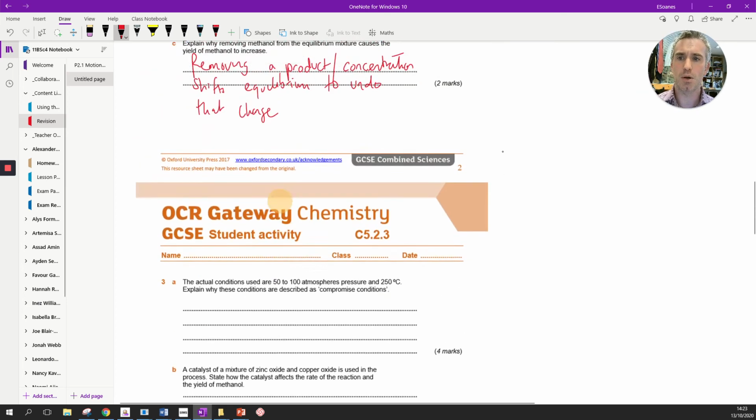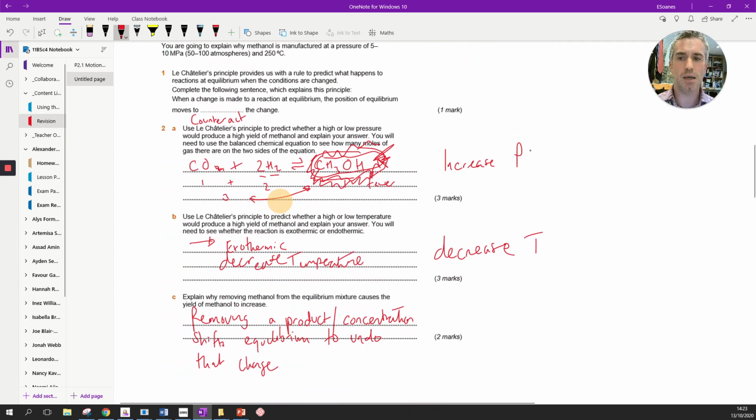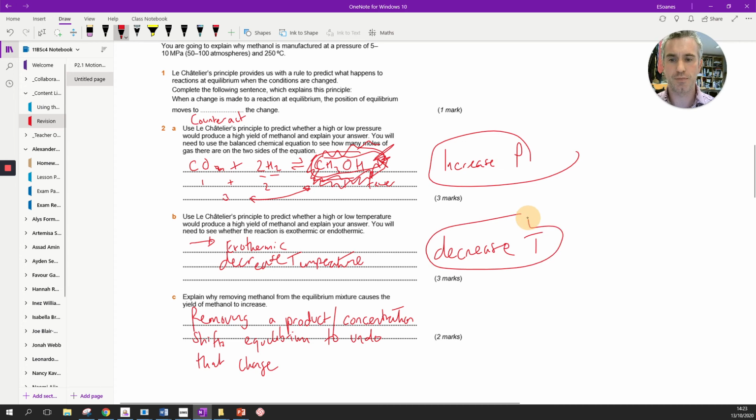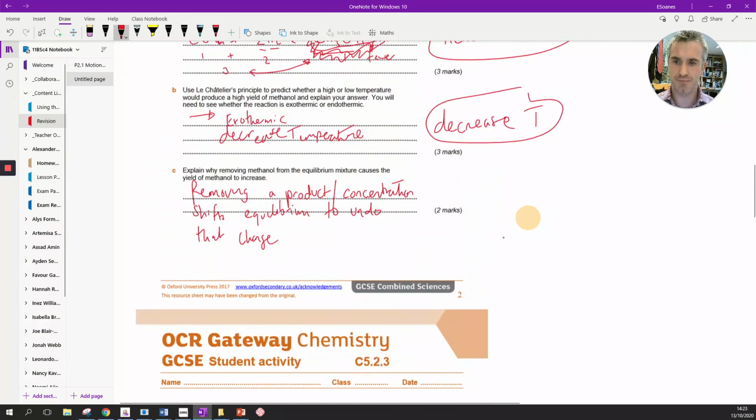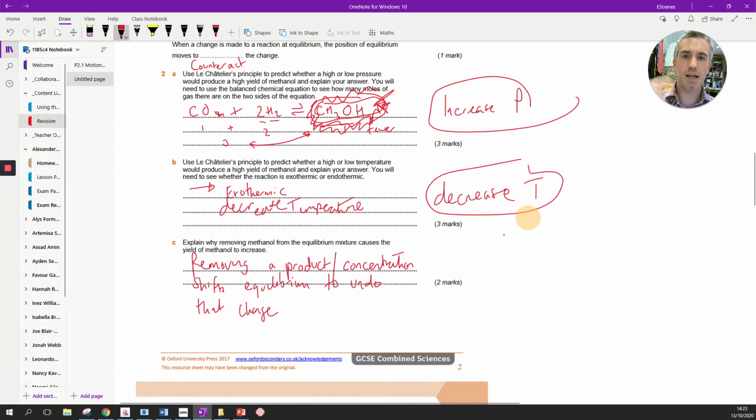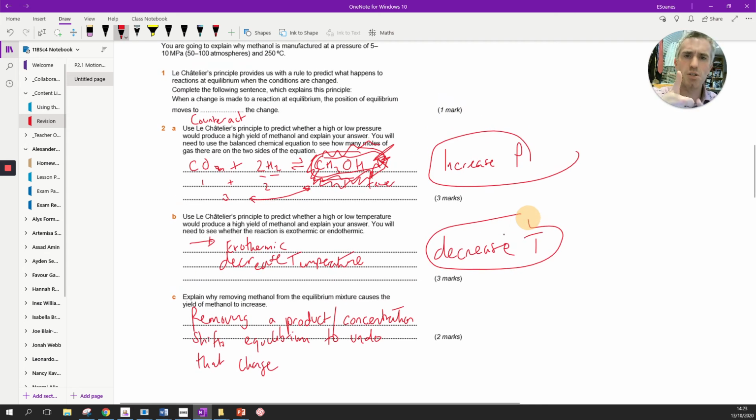Okay, so if you remember, we need high P, increasing P, but decrease T. So basically, if you increase the temperature, you increase the pressure. Sorry, mistake. If you decrease the temperature, you decrease the pressure.